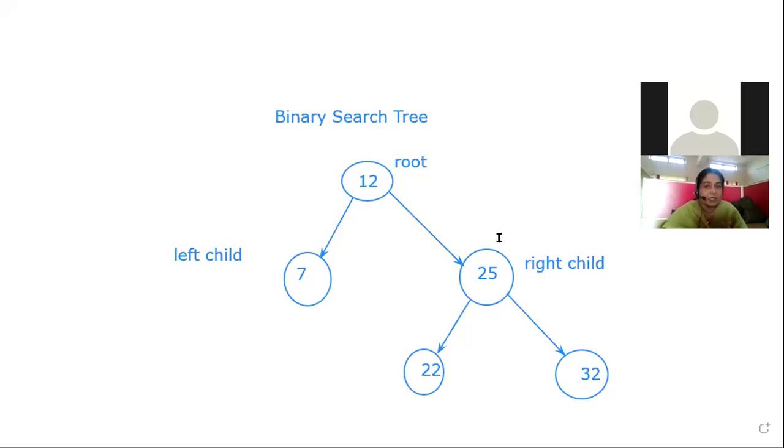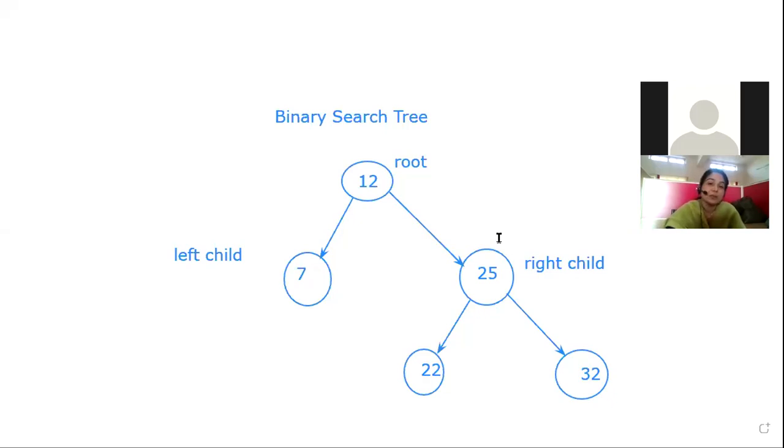Now I will be deleting one node. Okay, if suppose I need to delete 25, so 12 is there, 7 is there, 25, 32, and 22 is there. So before that I will perform a search operation. So I need to find 25, then I need to delete that one. Okay, so always the searching will be starting from the root element.